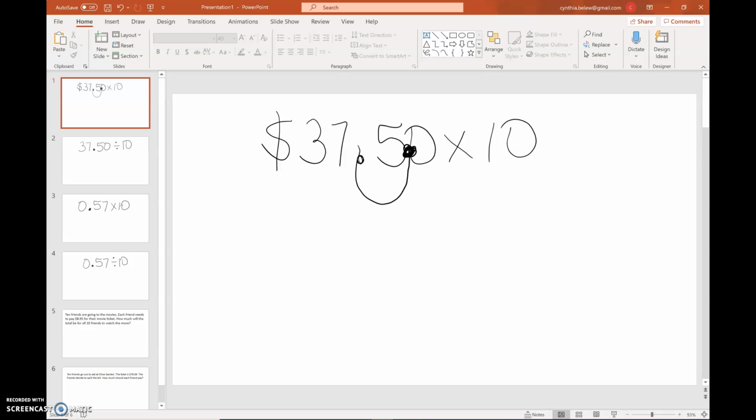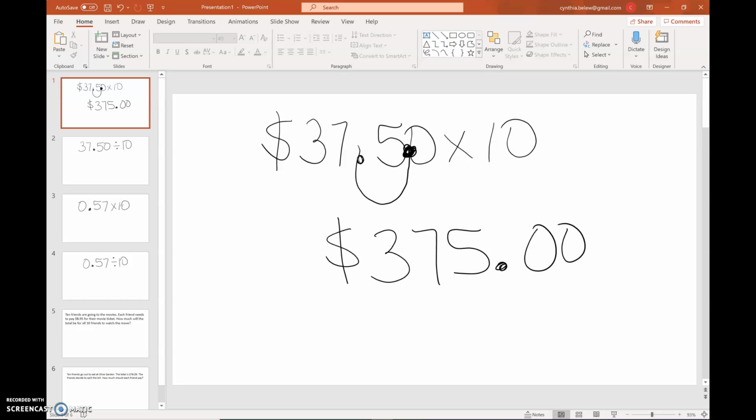So it's no longer $37.50, it's now $375. So when I multiply by 10, the decimal moves to the right one spot.